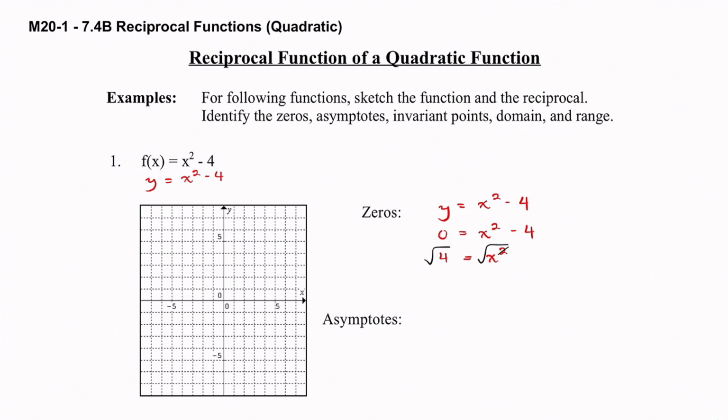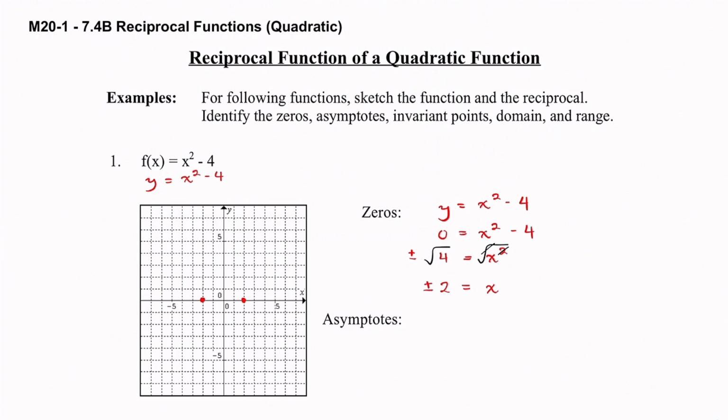The square and the square root are going to cancel, so we only have an x on the left. The square root of 4 is 2, but remember, we have to put a plus and a minus whenever we introduce that square root. So our zeros are going to be at positive 2 and also at negative 2. So I'm just going to plot those. We're going to have one at positive 2 and also one at negative 2.